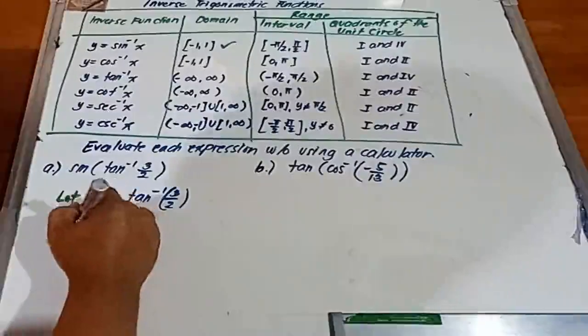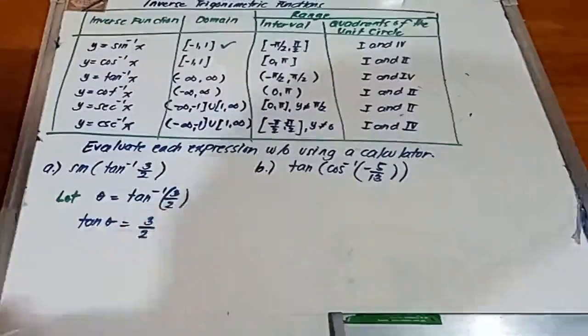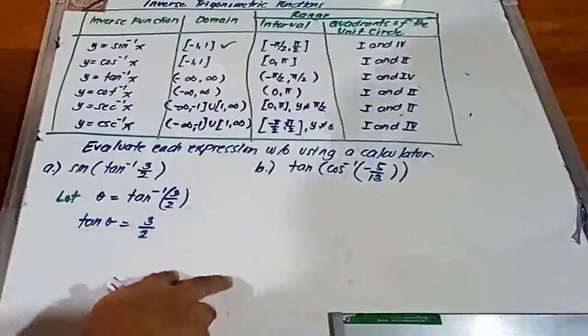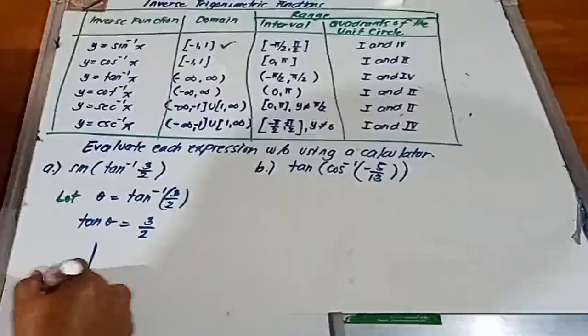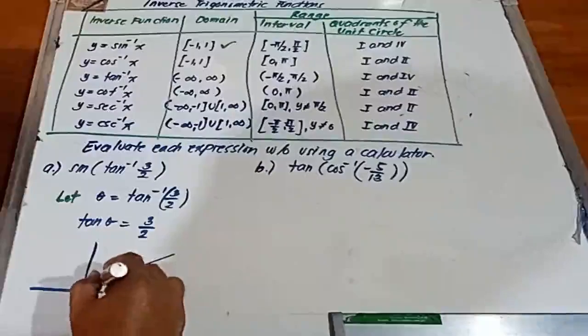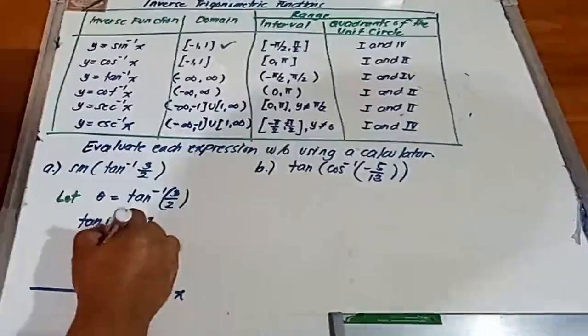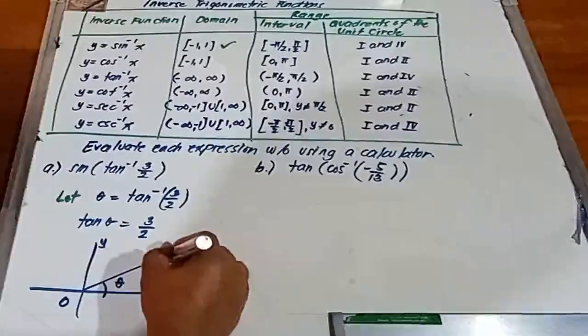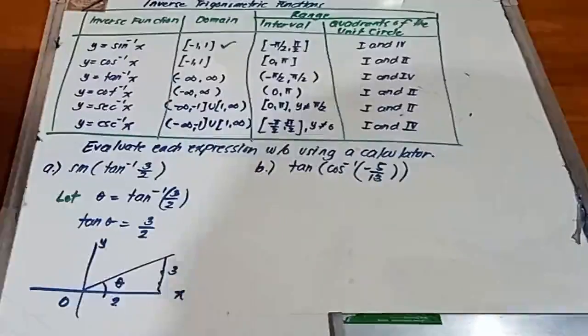Or this can be written as tangent theta equal to 3 halves. Then, sabi natin, nasa first quadrant siya kasi positive yung 3 halves. So, kung nasa first quadrant siya, ganito siya. If this is your theta, this is x, this is y, 0. Ito yung ating 3. Ito yung ating 2. Okay?